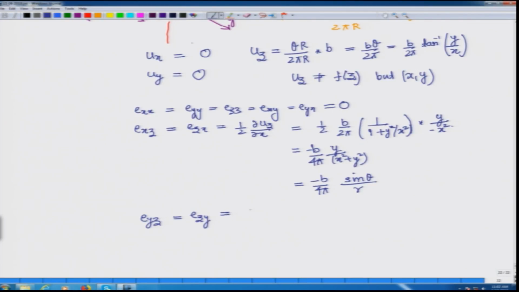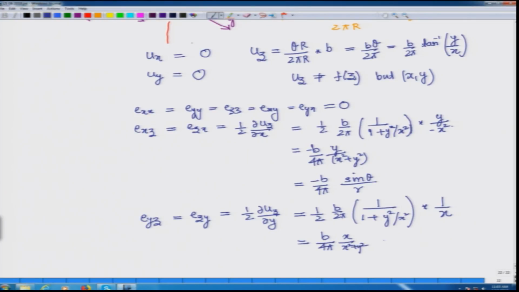So, here also we have only del u z available, the del u x by del z is 0. So, this is del u z with respect to del y, and therefore, into 1 by x, which turns out to be b by 4 pi x by x square plus y square, or in terms of theta it will be equal to b by 4 pi.